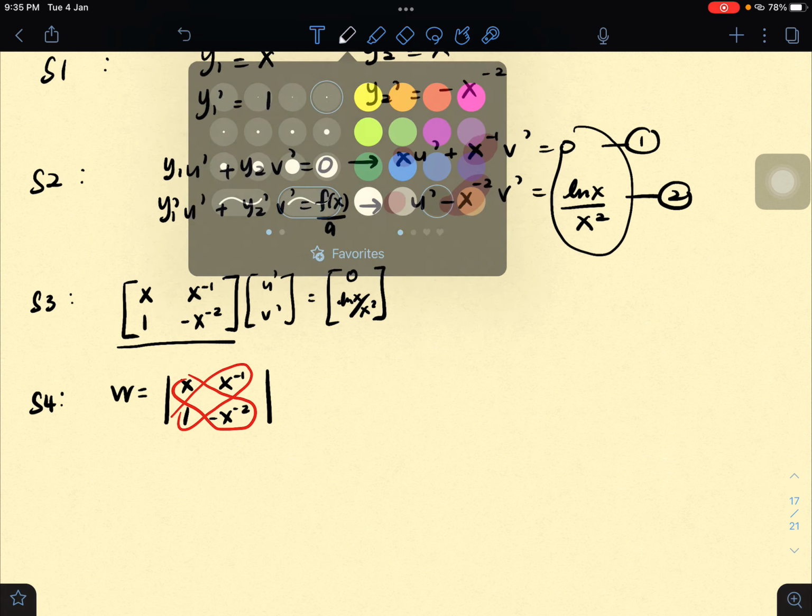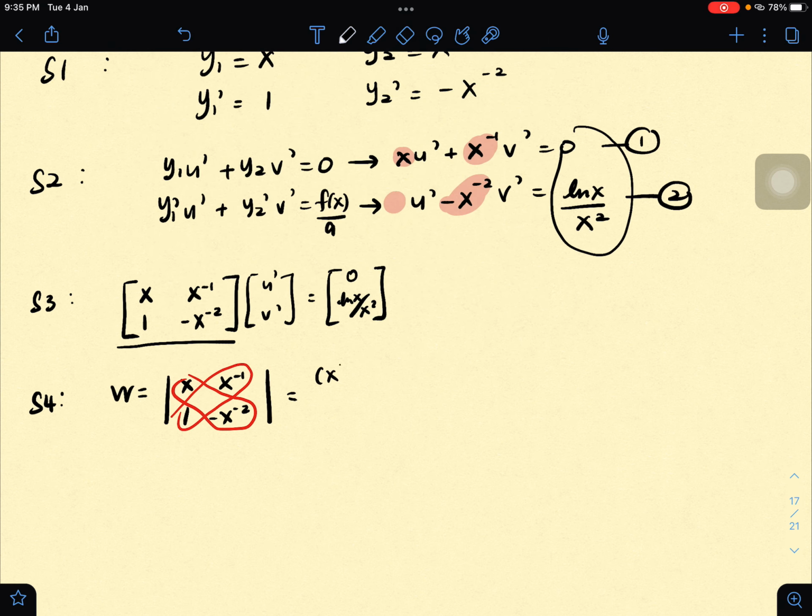So what you will have here is x multiplied by -x^-2 minus 1 multiplied by x^-1. So what you will have here is -x^(1 minus 2), which is -x^-1, minus x^-1.